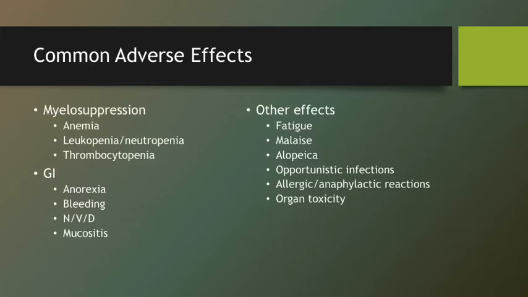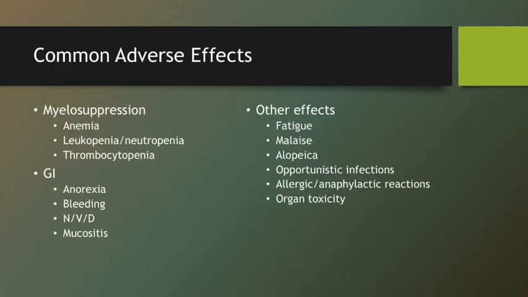So, of course, you have the problems with oxygenation and tissue hypoxia, tissue perfusion. You have problems with risk for infection, and then problems related to bleeding. Okay? Then you have the whole GI stuff that goes along with nutrition and elimination. And then the other effects are a lot of constitutional ones like fatigue and malaise.